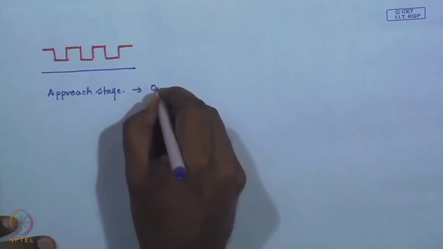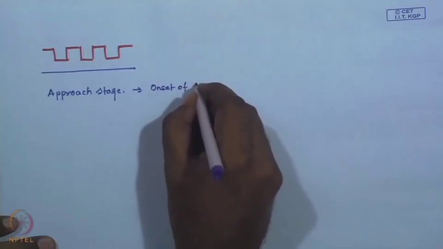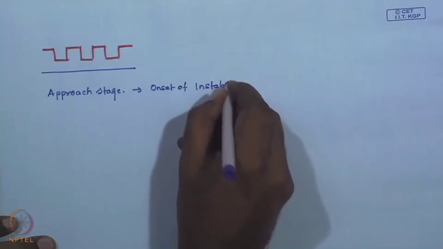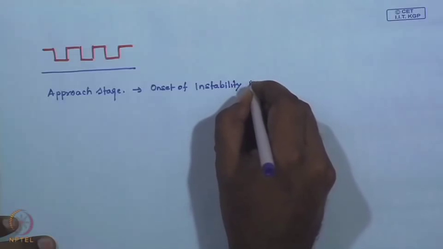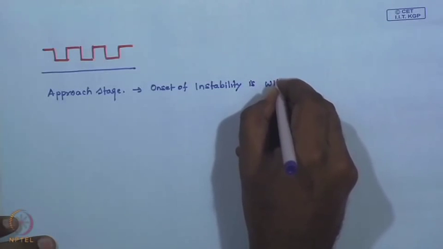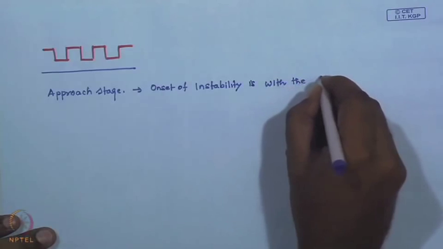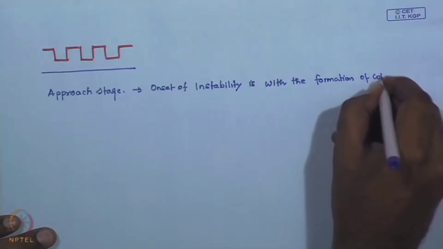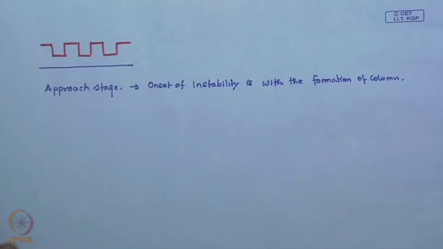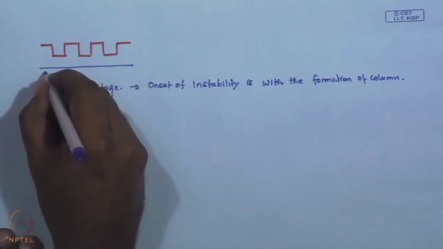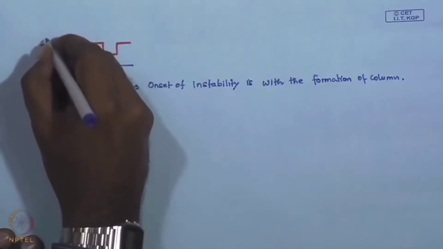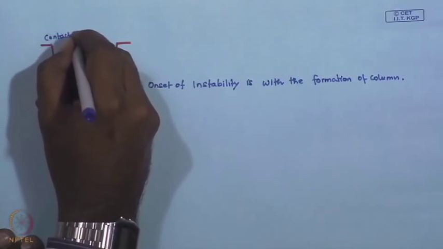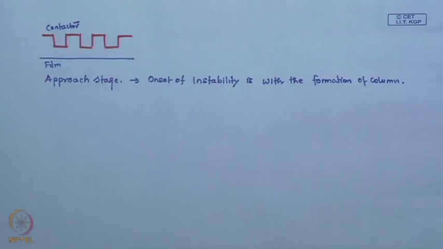So, the onset of instability is again with the formation of columns. Why do I use the word again? Because when we used a flat contactor, the onset of the instability was also with the formation of isolated columns.